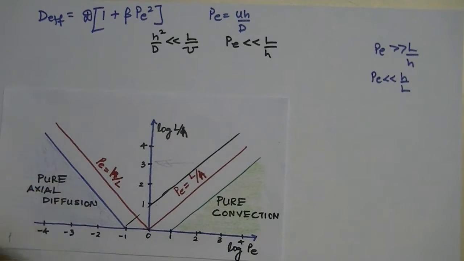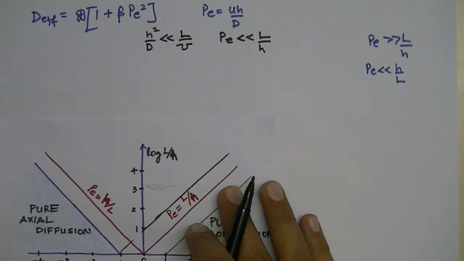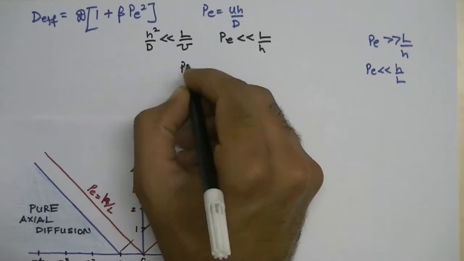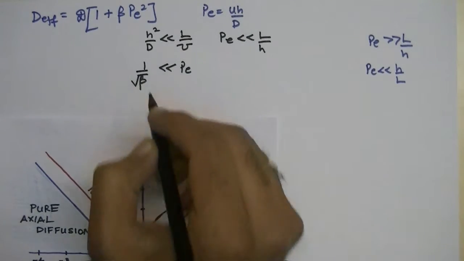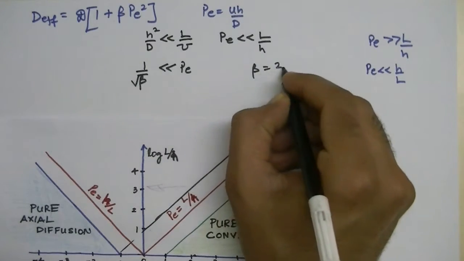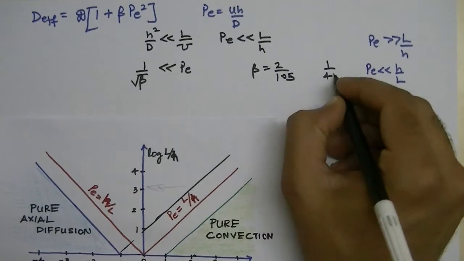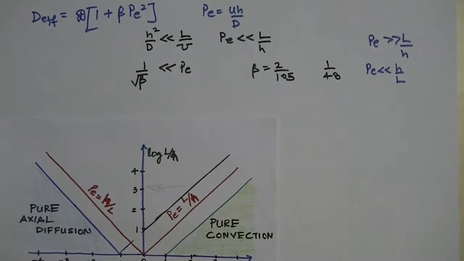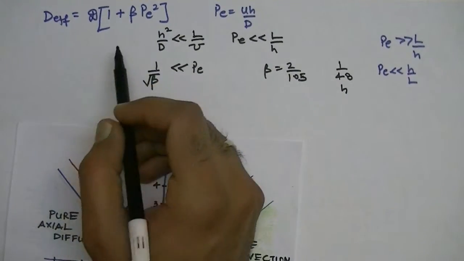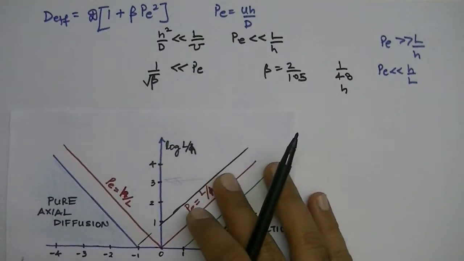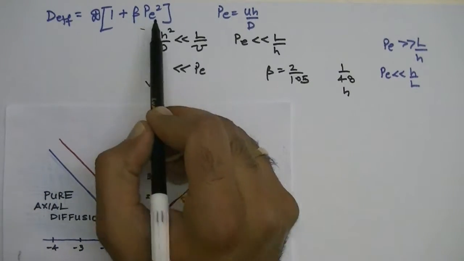Now looking at this relation, we see that if Peclet number is significantly larger than 1 over the square root of beta, and recall that beta was 2 over 105 for 2 parallel plates and 1 over 48 for a circular channel with radius h, then you see that from this relation, which is simply based on the assumption that Peclet number is much less than L over H, the second term is actually dominating.